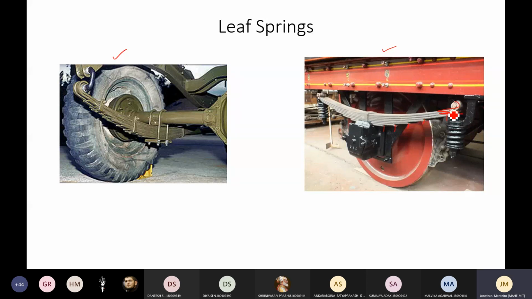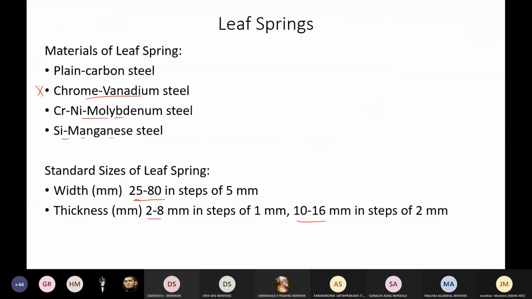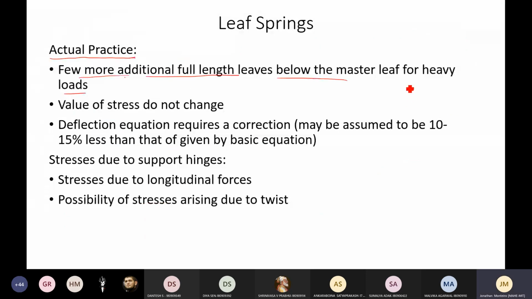In order to handle the full amount of load, the first one we call the master leaf, and the second one is either a full length leaf or a graduated leaf. When we say graduated, that means it is already cut to a certain length. So below the master leaf for heavy loads, we use additional full length leaves.